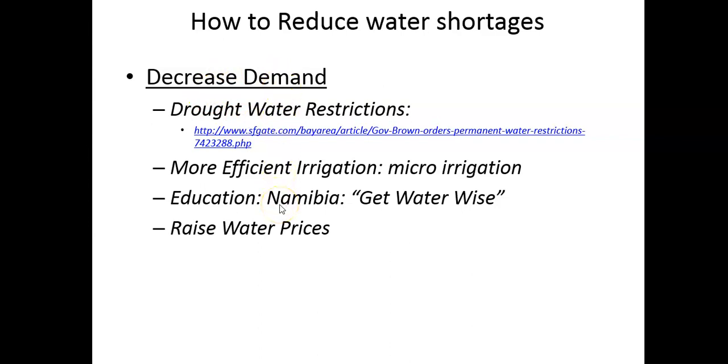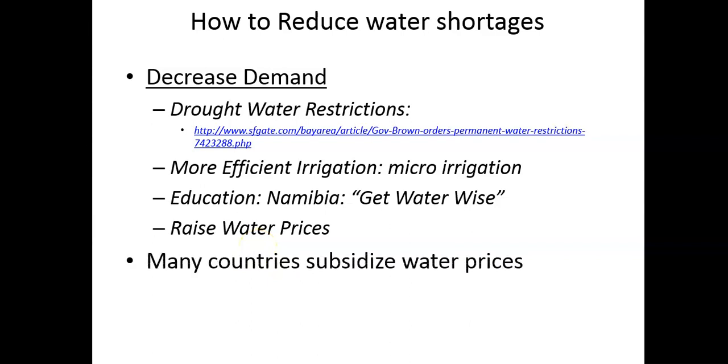They were basically educating, and having the hydro cop go around to give fines, as ways to reduce people doing things with water that weren't authorized. Another way to decrease the demand, the amount that people want to use, is to raise the price of water, make it more expensive.